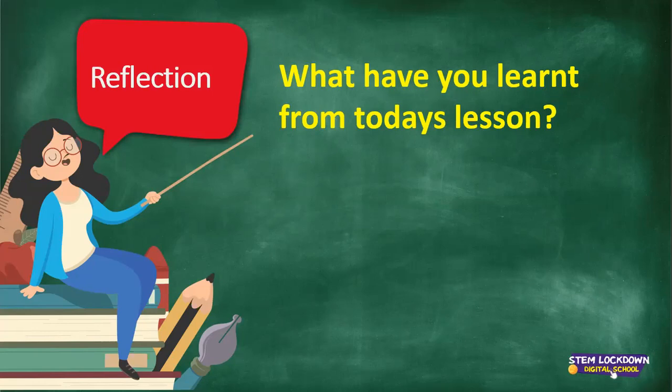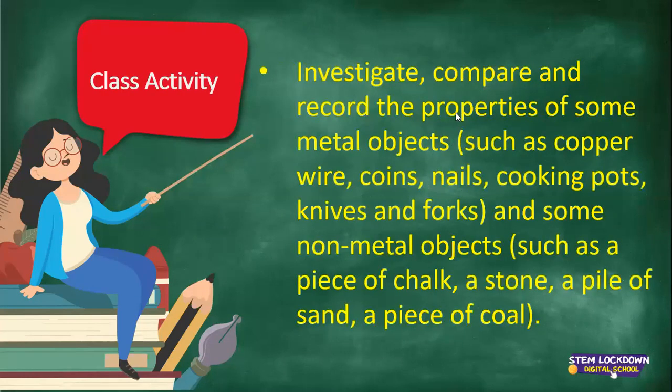Right, no worries, guys. Let's just continue with the lesson, okay? So I want you to do the following, okay? You're going to do this now for at least 5 minutes. I want you to look for, compare, and also write down some properties of metals such as copper, wire, some silver, and so forth.